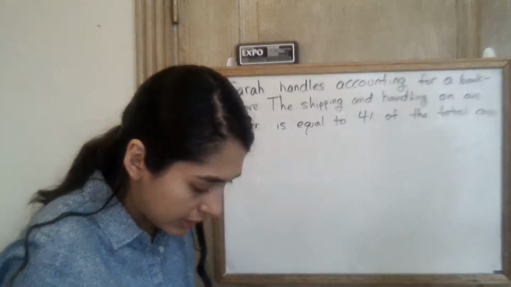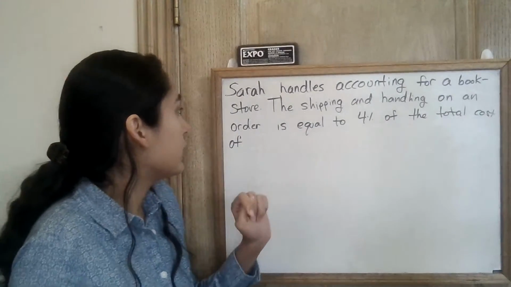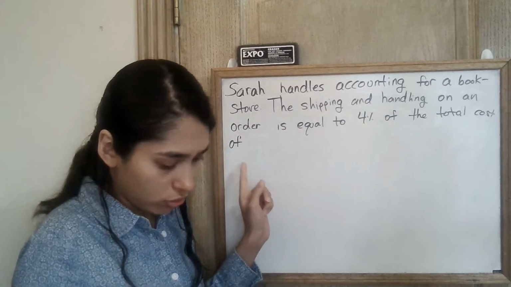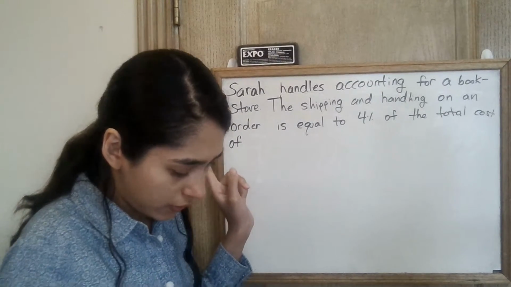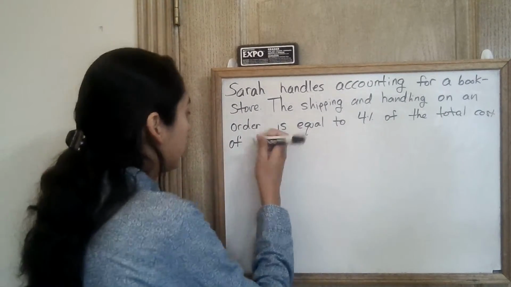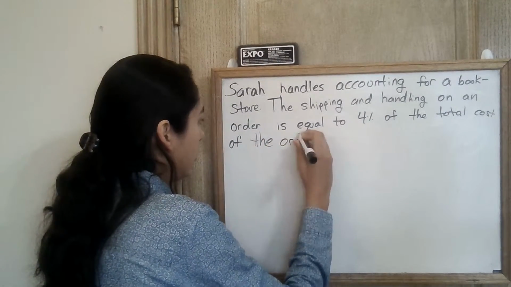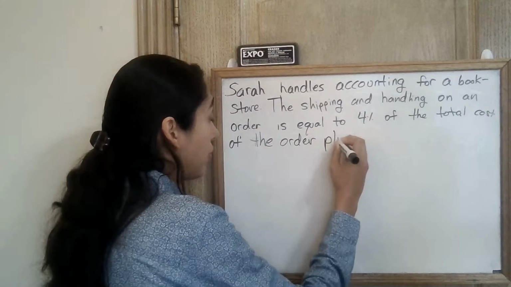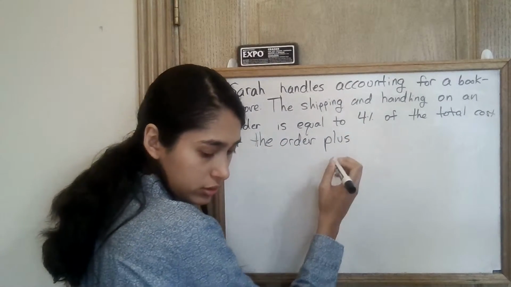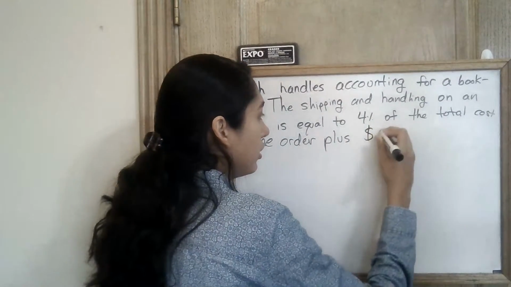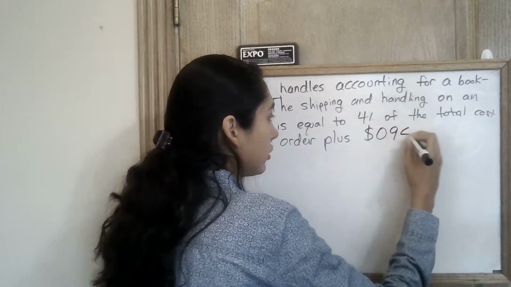So we were at: order is equal to 4% of the total cost of the order plus 95 cents per book.